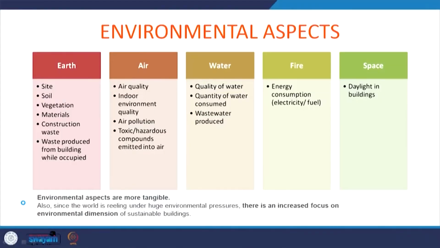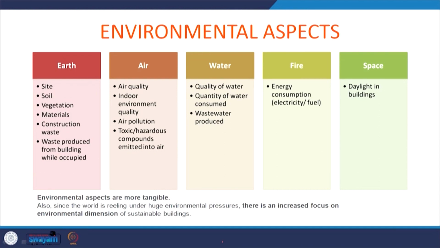For example, when we are talking about the earth, we are talking about site, soil, vegetation, materials, construction waste, and the waste which is produced from the buildings while they are occupied. So, all these come within the earth element of the environmental aspect.